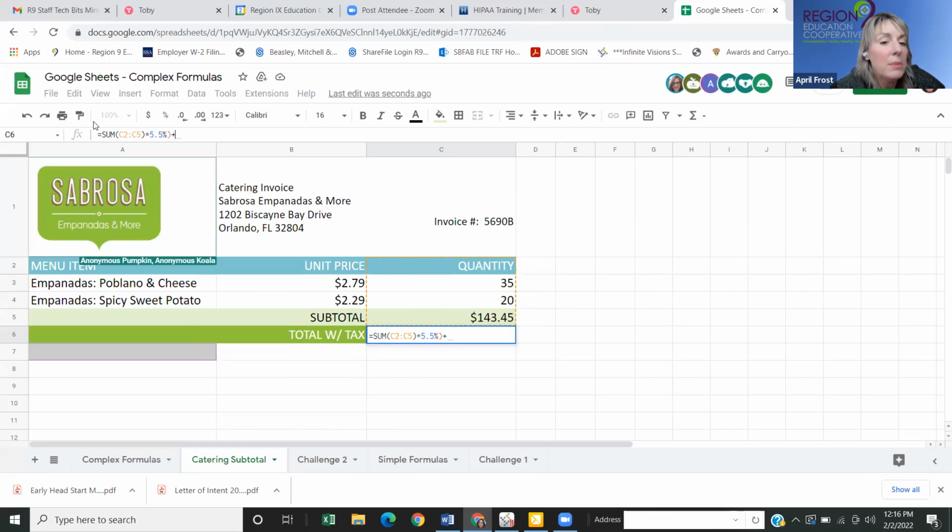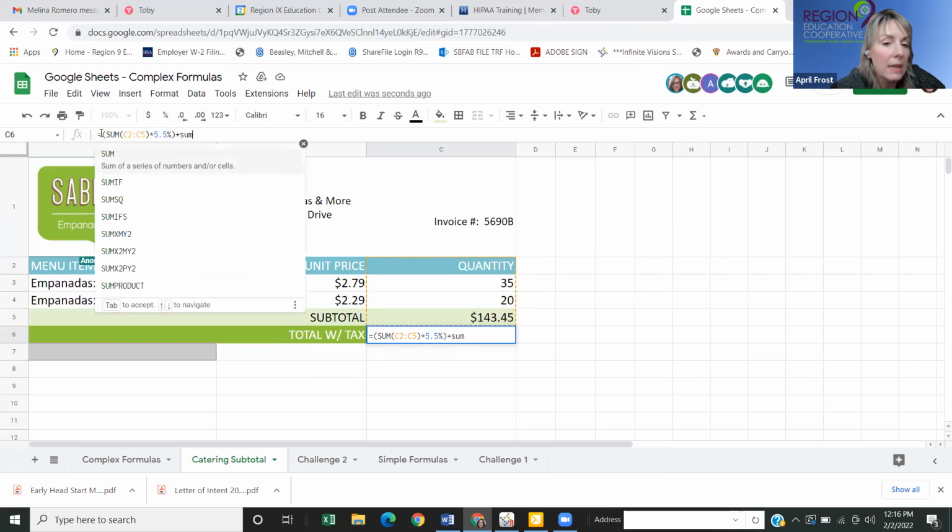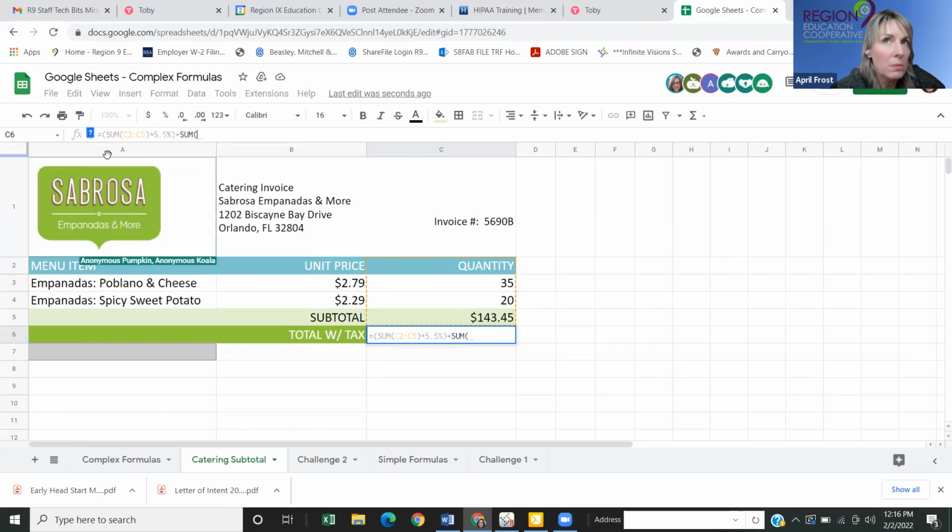So you're going to have to basically build a complex formula with the 2.79 times the 35 quantity, right? And the same thing goes for the line below it. And then take that and add it and then multiply it to that total. Oh, but we have a subtotal. Okay, never mind. Making it harder than what it needs to be. No, you're not. We're thinking this through.